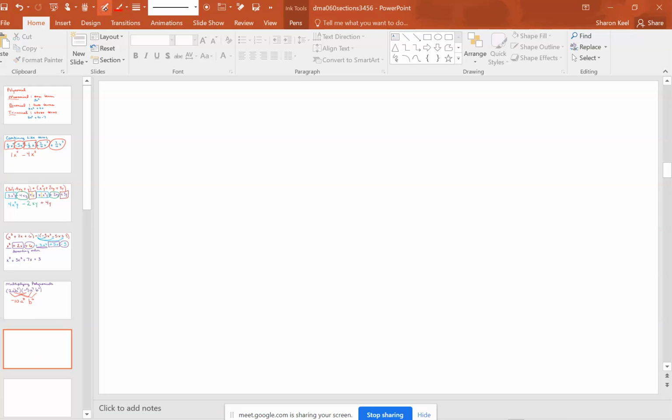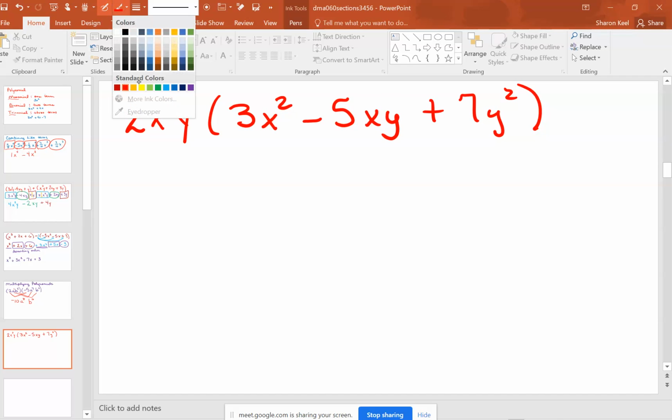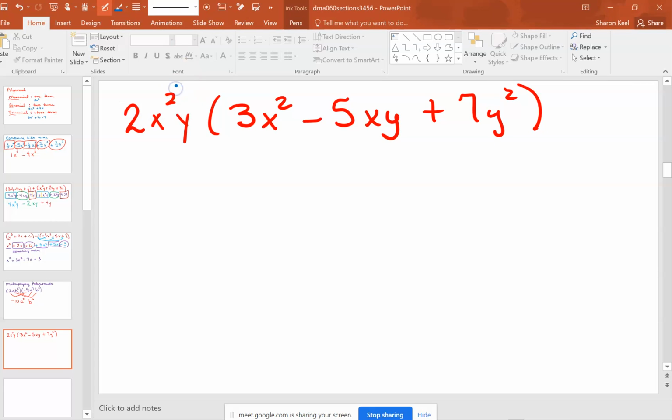Now, if we have, let's say, a monomial, this is on page 6-38, 2x squared y times 3x squared minus 5xy plus 7y squared. We are going to, in this case, use what we talked about in DMA 40 called the distributive property.